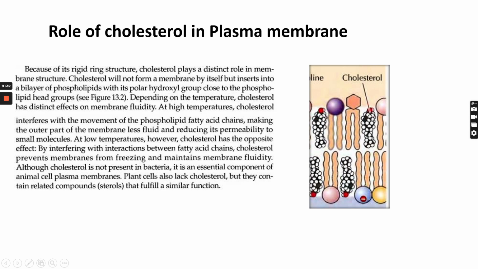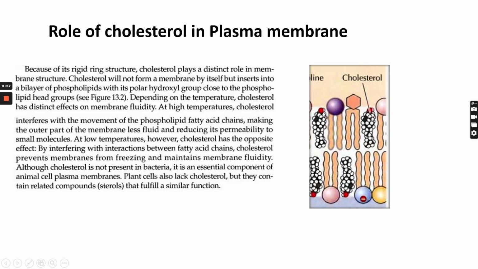Cholesterol will not form a membrane by itself. What it does is, the hydrophilic head of the cholesterol interacts with the phospholipids, and they help in maintaining the fluidity at higher temperature.